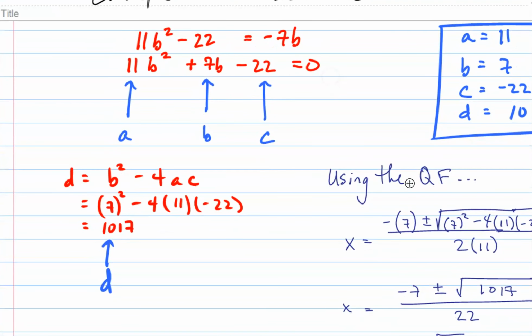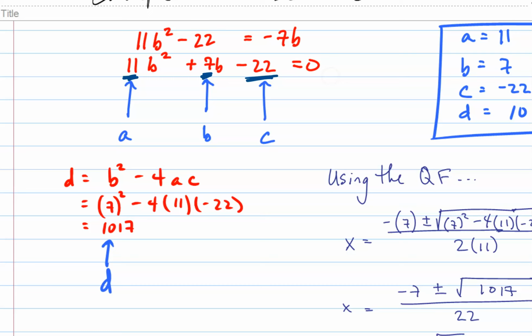Well, right off the bat we see that this negative 7b is over here on an island by itself, so we better bring that over to the left by adding it on both sides of the equation. That turns into a positive 7b in this location. Now we know our a, b, and c values are provided because we have a quadratic equation now set equal to 0, and that's the requirement for the quadratic equation.